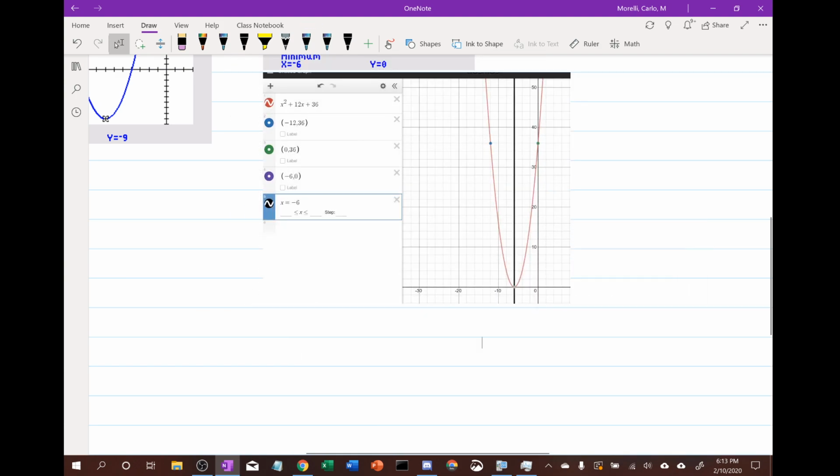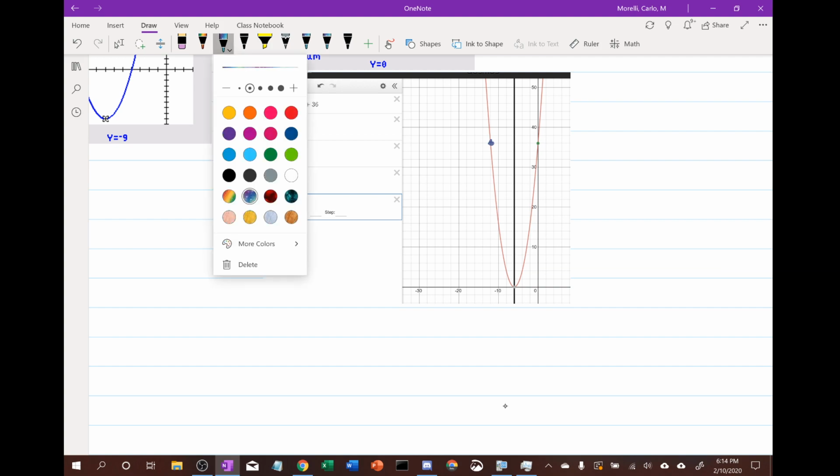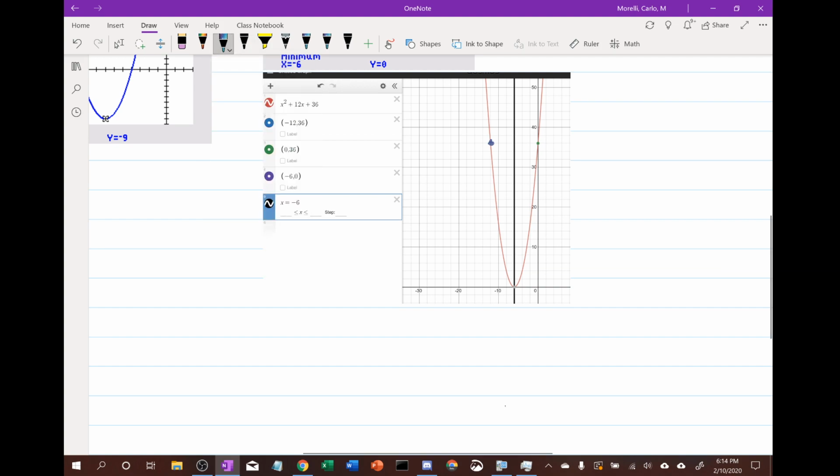Okay, so here are our points. This is the point of reflection. It needs to be bigger, and then it needs to be red. Okay. That is the POR. And that is the reflection of this point. This is the y-intercept.